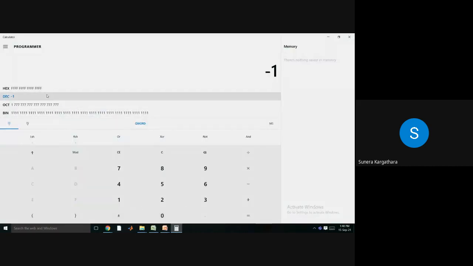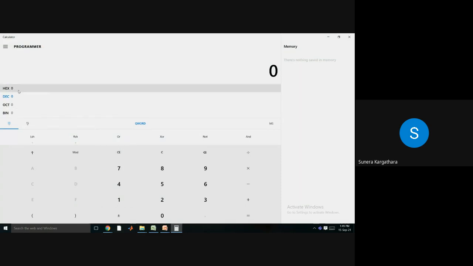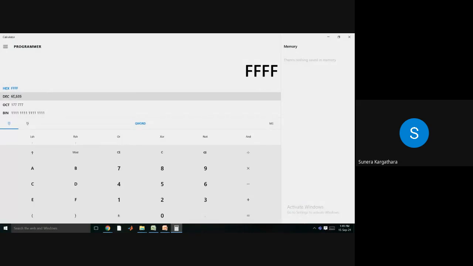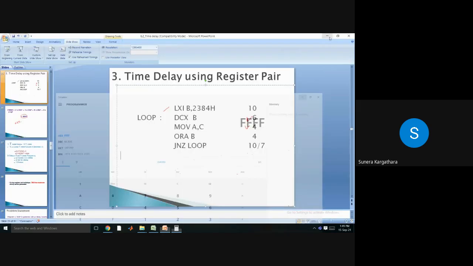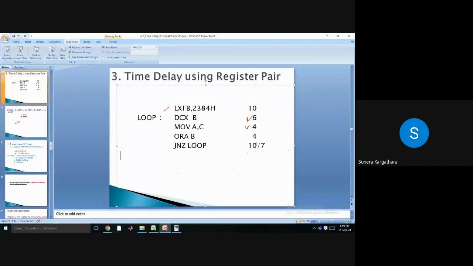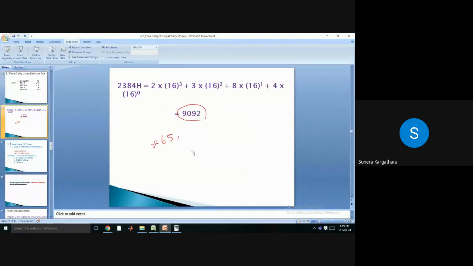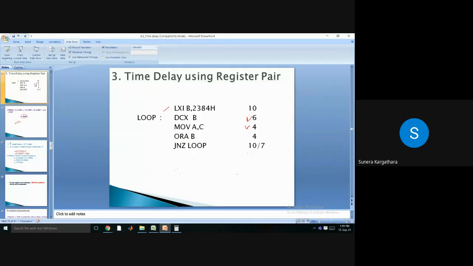So if I take the maximum value, FFFF, how many times can I repeat my loop? 65,000 times. Am I communicating, student? Here the loop repeats 9,000 times, but I can repeat it for 65,000 plus times if I load it with the maximum value.